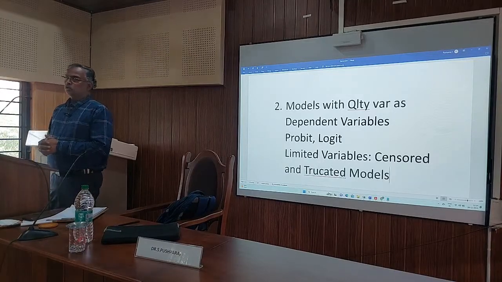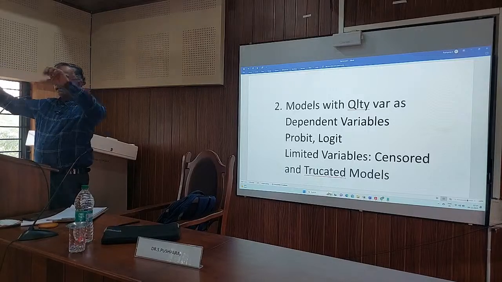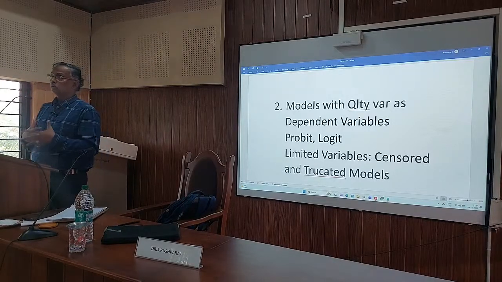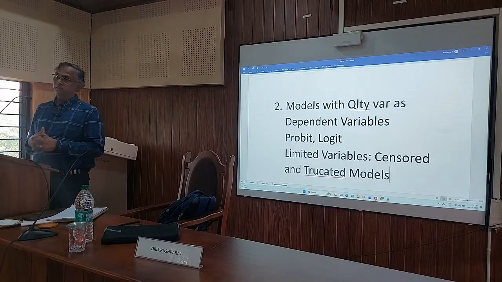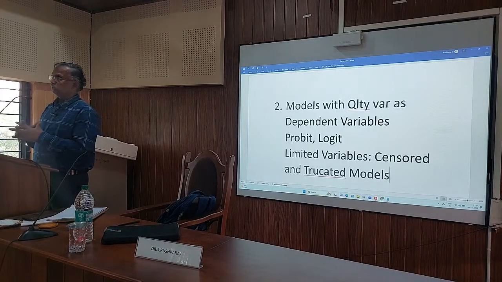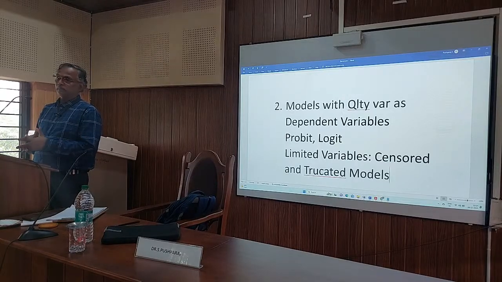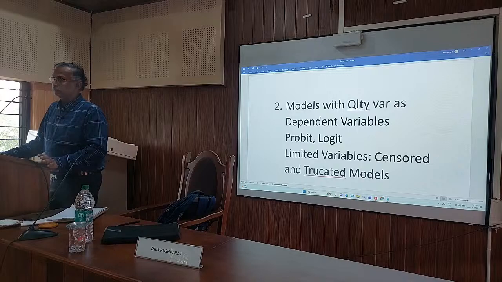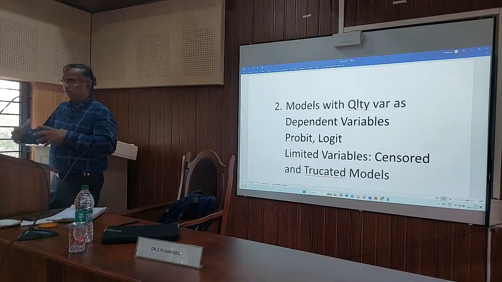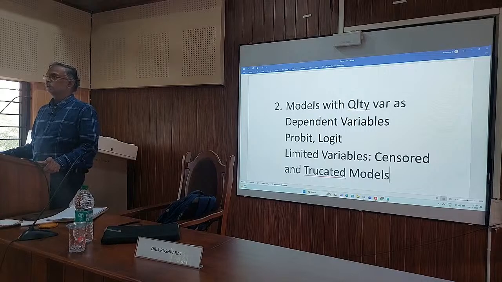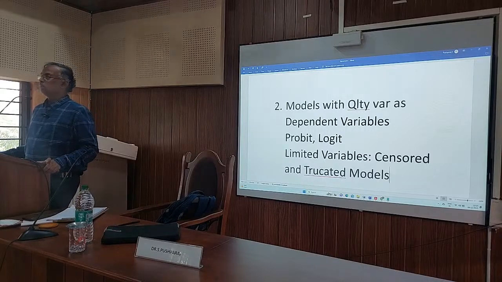So regression models can be classified broadly into models with qualitative variables as independent variables, and qualitative variables as dependent variables. The scope of it is a little expanded to include limited variables. Sometimes the y will not take the whole range of values. In those contexts some models are generated.